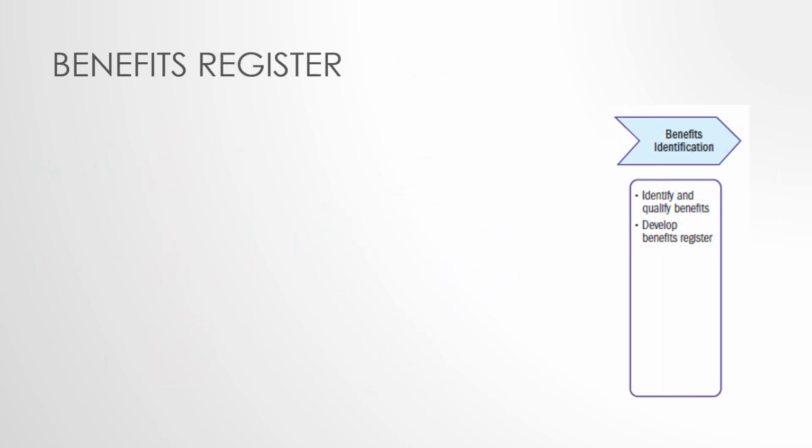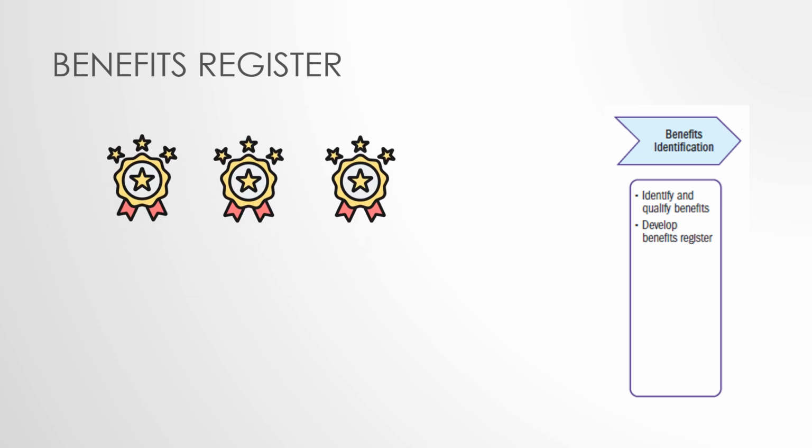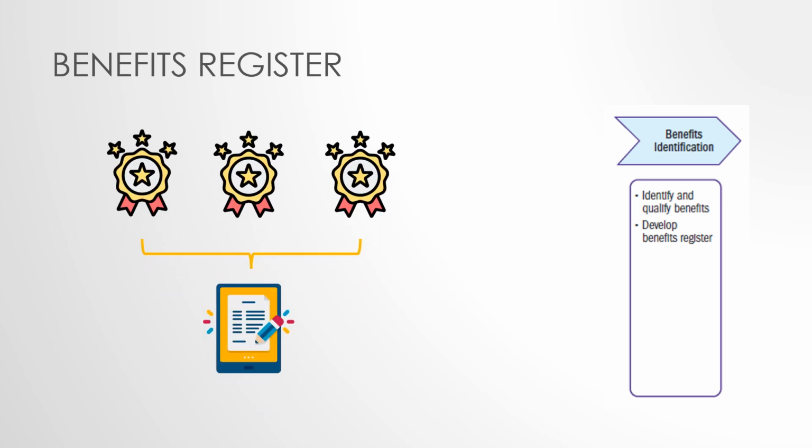The second activity of benefits identification is developing the benefits register. This one makes perfect sense. Why? Because the benefit register is the formal program document that saves all the identified program benefits that we have just captured. It's also used to measure and communicate the delivery of benefits throughout the program lifecycle.